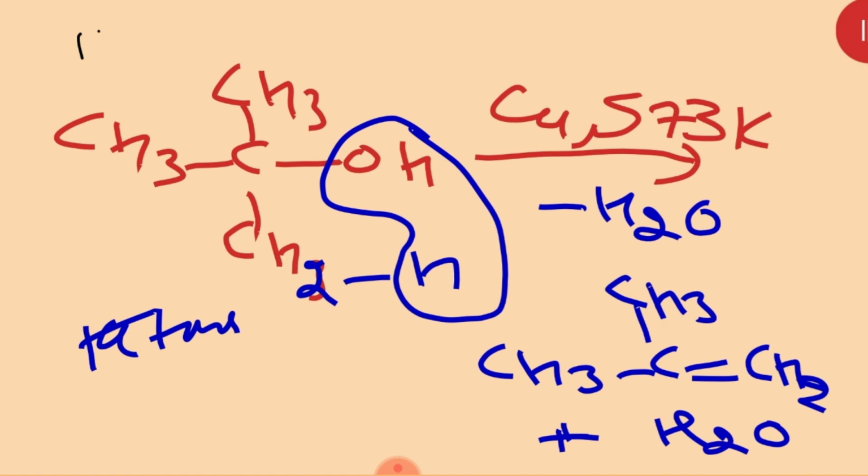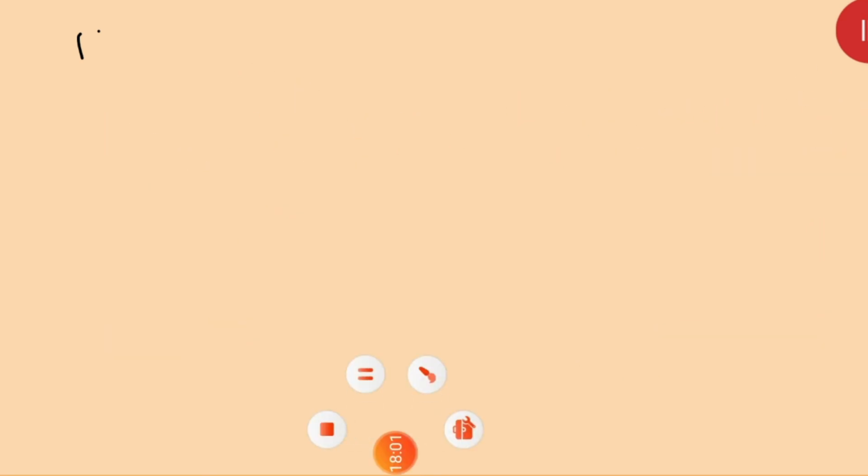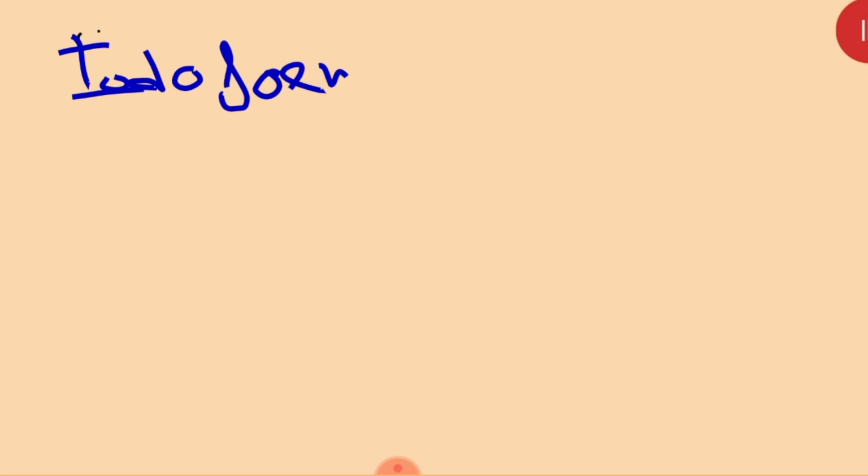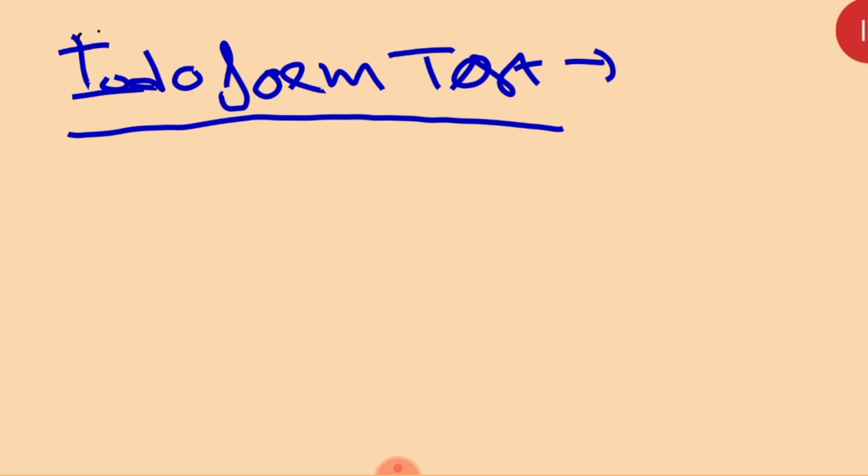Okay students, then after that we have a very important test, the iodoform test. Which test is here? Iodoform test. We are going to study the iodoform test in the next chapter also, aldehyde, ketone and carboxylic acid, but here also we will do it.